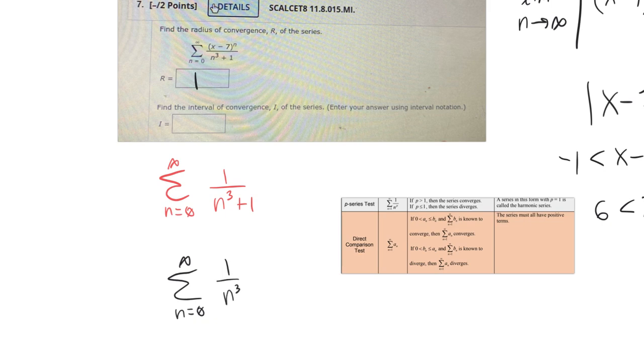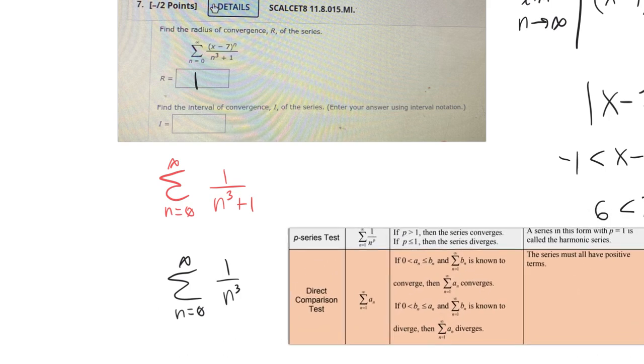Now, the reality is that this denominator is smaller than this, or we could say this denominator is bigger, so therefore this whole fraction is bigger, okay? The smaller the denominator, the bigger the fraction. So we're sort of looking at this top scenario where we just chose a new expression that happens to be larger than the other one.